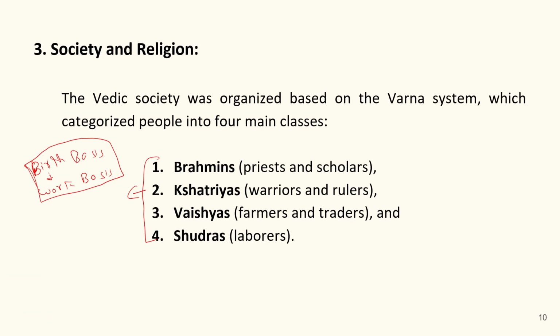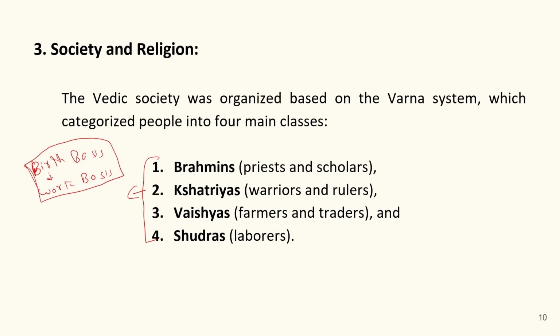So you can say that in one family, all these words could exist, because in the early time period, there was no system on the birth basis, there was a system on the work basis. If one is working in a school or in worship, he will be a Brahman. One who is a warrior or a ruler will be a Kshatriya. One who is a farmer or in trade will be a Vaishya.